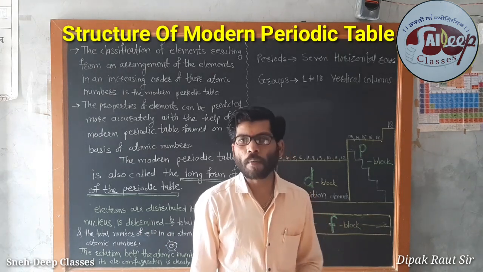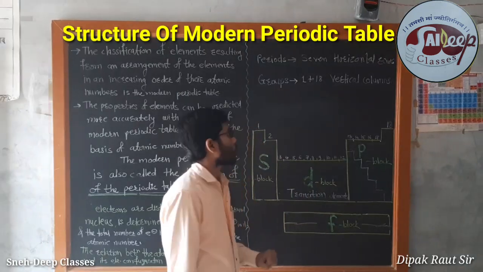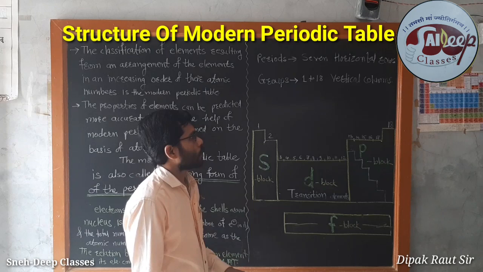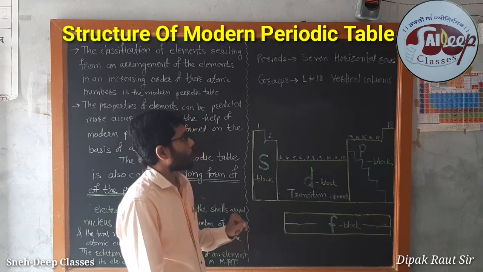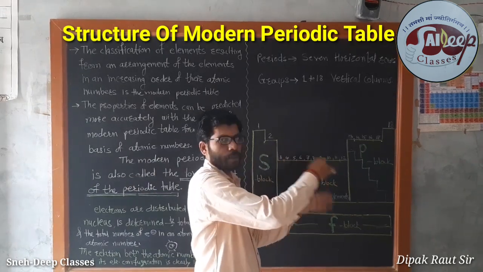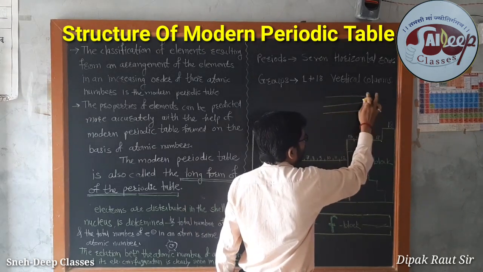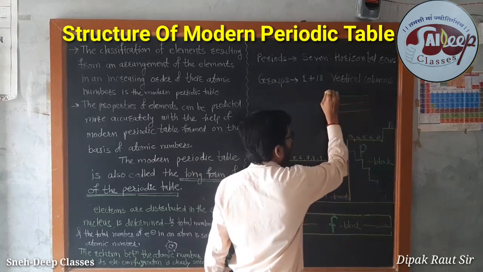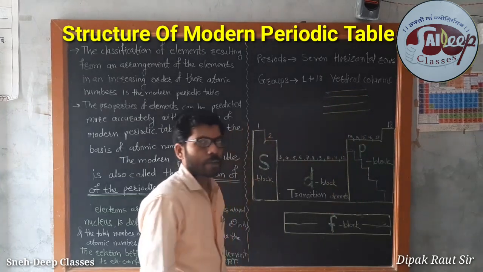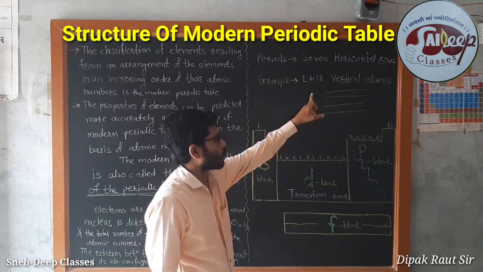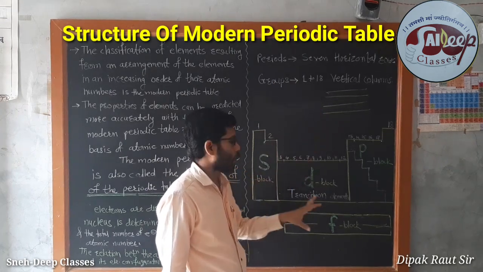Structure of the long form of the periodic table. In this periodic table, there are horizontal lines called periods. There are 7 horizontal lines: 1, 2, 3, 4, 5, 6, 7.